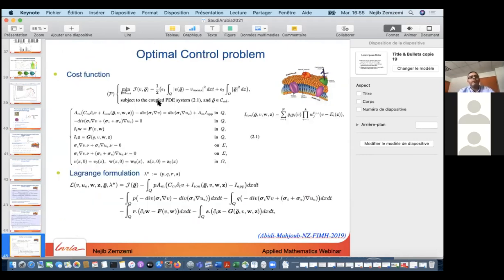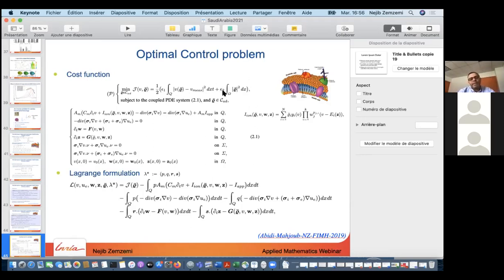Now, in terms of an effective way of estimating these parameters, we formulated the problem as an optimal control problem, where we want to measure the gap between the model, which here is V of rho, where rho bar is the set of parameters and V is the solution of the bidomain model, and we add a Tikhonov regularization.